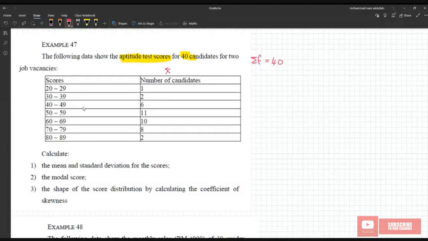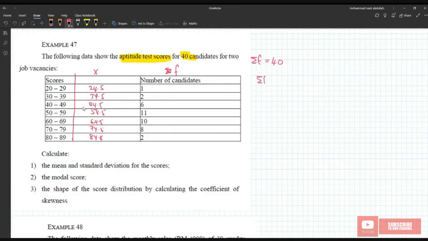This is F, this is your class size, and this is your X. X should be 24.5, 34.5, 44.5, 54.5, 64.5, 74.5, and this is 84.5.